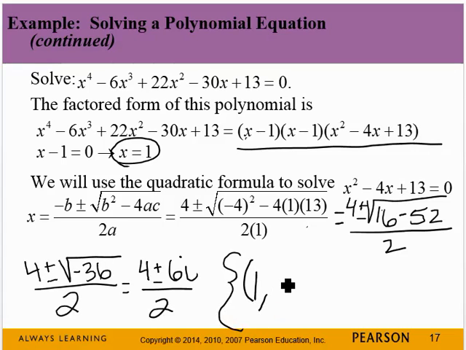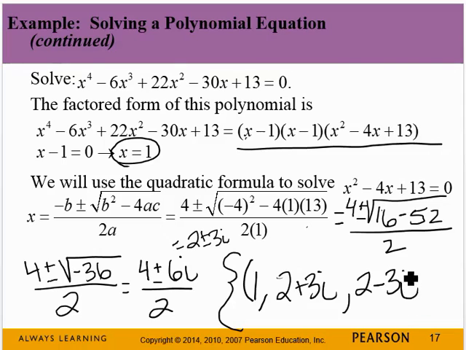You have 1. You're also going to have, if you were to simplify this, 2 plus 3i and 2 minus 3i. And those 3 are your solutions and your zeros for this polynomial.